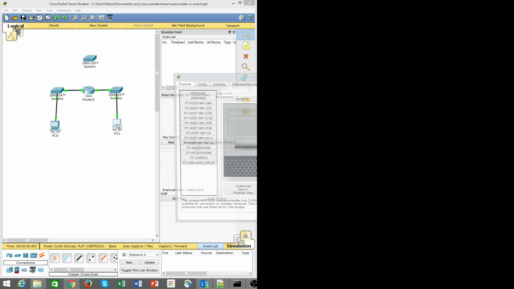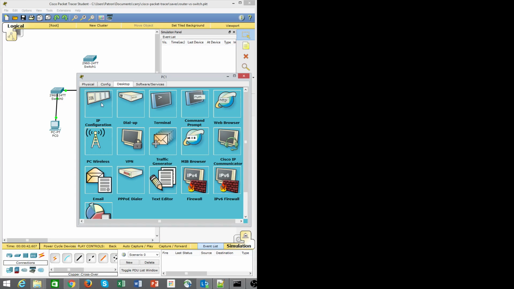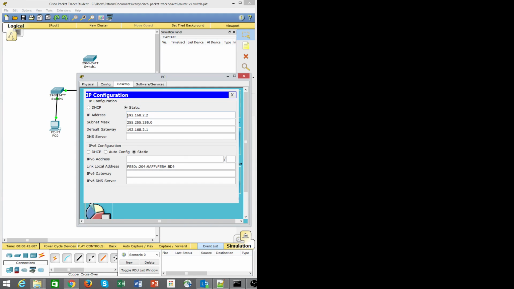If we look at PC1 and start looking at its address, we'll notice that it says 192.168.2. The router has an address of 192.168.2.1, or the gateway. And by the subnet mask, I can tell that they belong to the neighborhood 192.168.2.